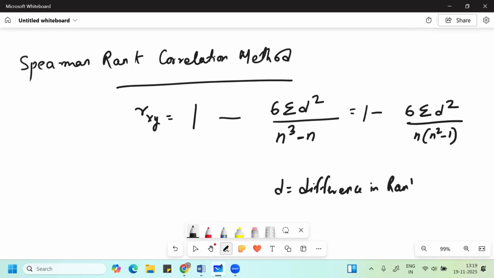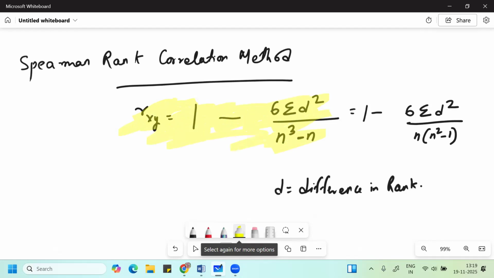Now what is rank? I'll discuss that, but first focus on this formula. The formula of Spearman rank correlation coefficient is 1 minus 6, this is numerical 6, times the sum of d square, divided by n cube minus n.